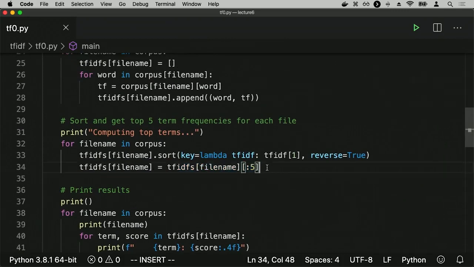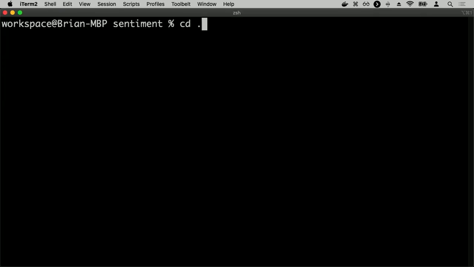Again, some helper functions you can take a look at if you're interested. But the key idea here is that all we're going to do is run tf0 on the Sherlock Holmes stories. What I'm hoping to get out of this process is to figure out what are the important words in Sherlock Holmes, for example. So we'll go ahead and run this and see what we get.